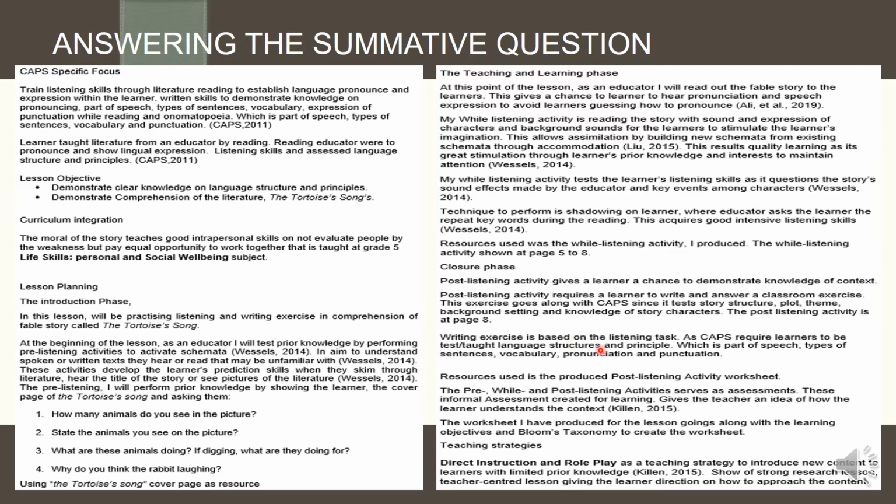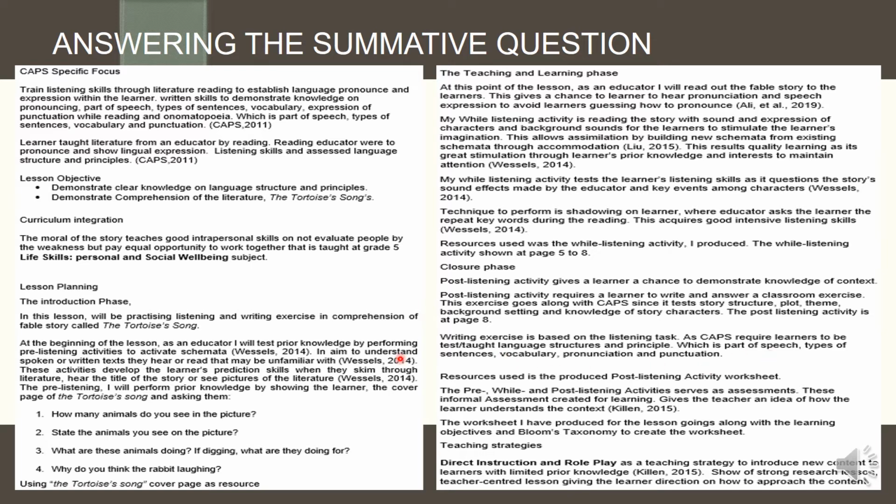Exercises are based on the listening task, as CAPS requires learners to be tested or taught language structure and principles. So it does go along with CAPS, which is parts of speech, types of sentences, vocabulary, pronunciation, and punctuation.